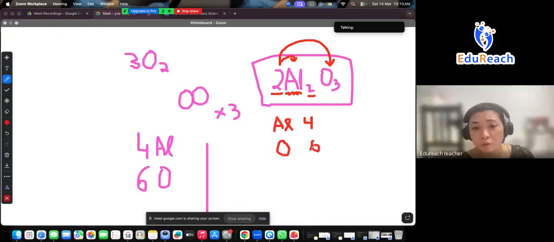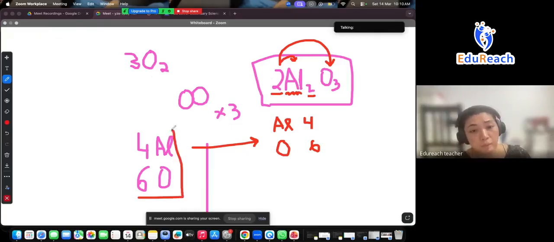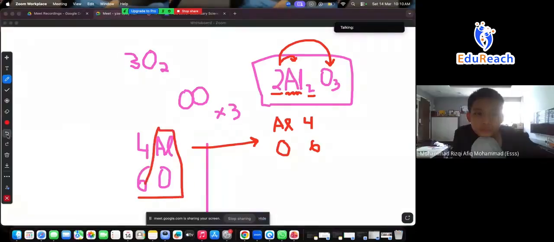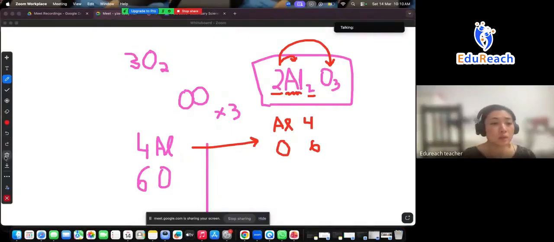So before and after the reaction, the total number of aluminium atoms and oxygen atoms are the same or different? Same. And this demonstrates that the number of atoms and the mass of atoms have to be conserved.